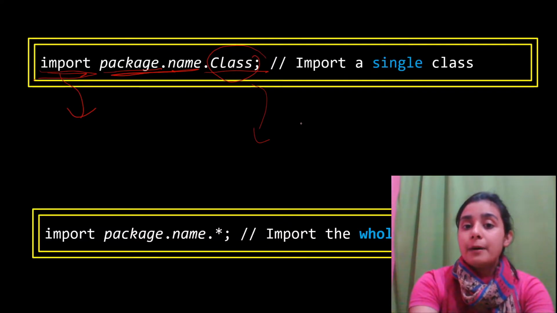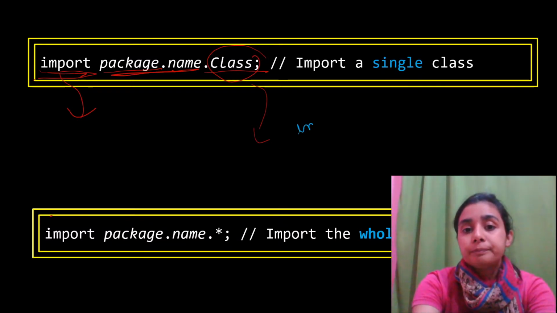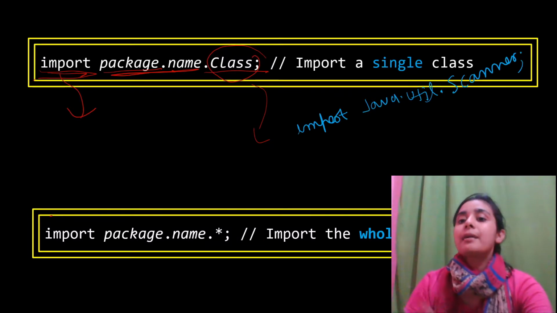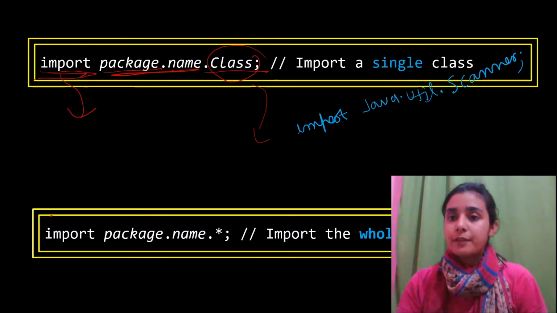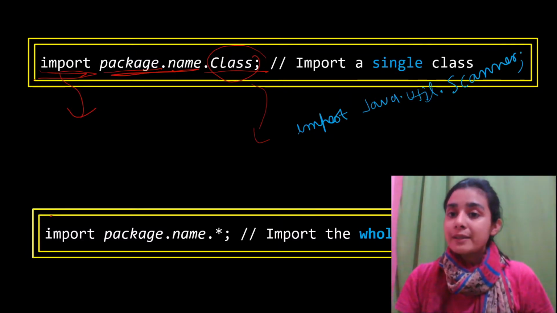For example, if I write import java.util.Scanner, what does it mean? You may have written this line many times in your program when importing the Scanner class.